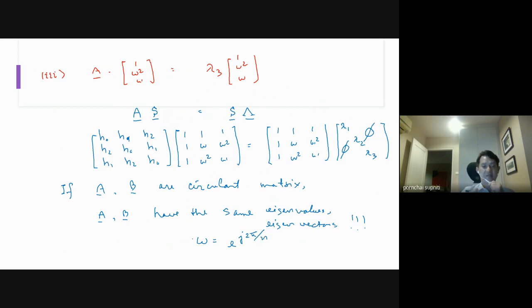So it's a very interesting property. In some systems where you have a circulant matrix, you can exploit this type of property.